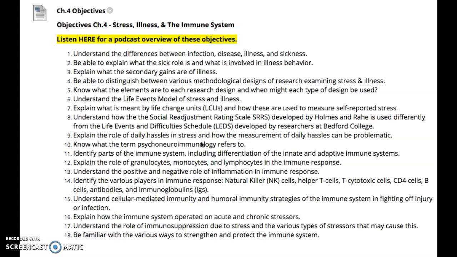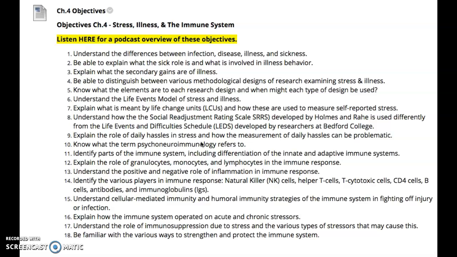But understand how the measurement of these daily hassles can be problematic. The way in which we ask people about their daily hassles tends to be a little problematic in how people report them. There's not good consistency across the board, some validity and reliability issues, but just understand that, and then understand the role that daily hassles play in stress.